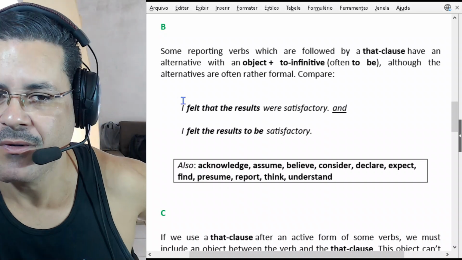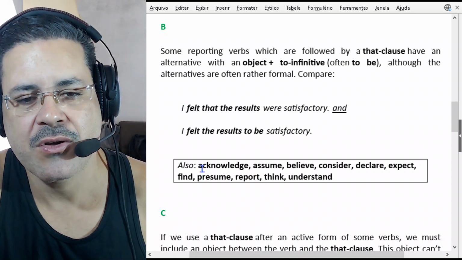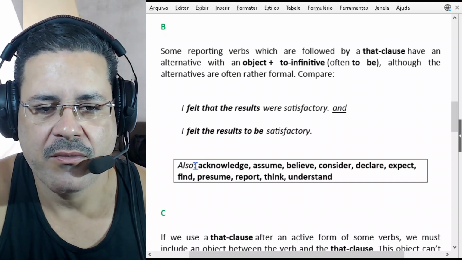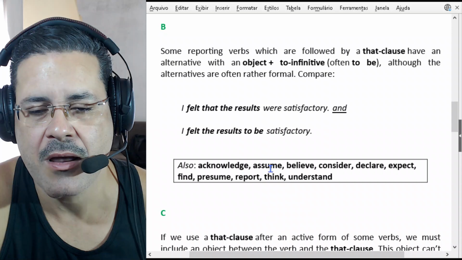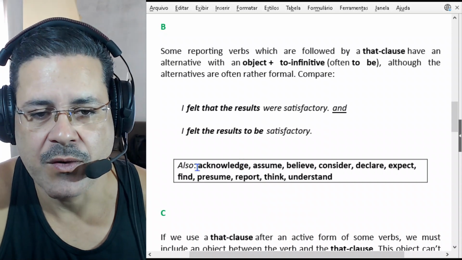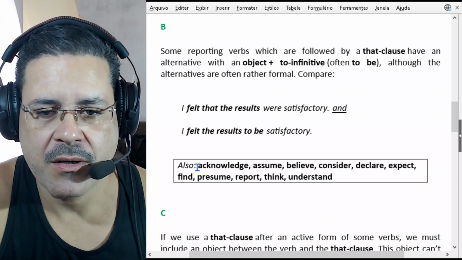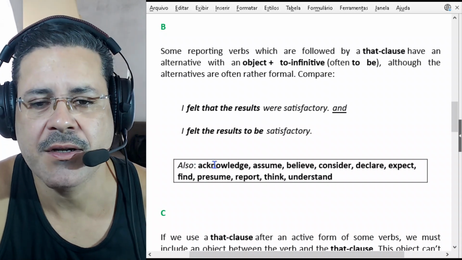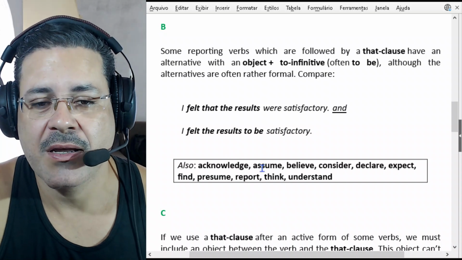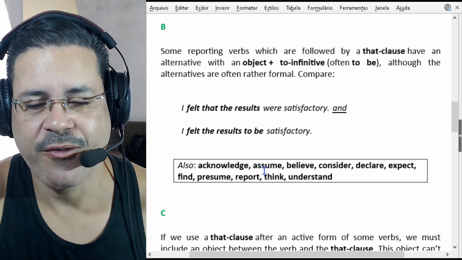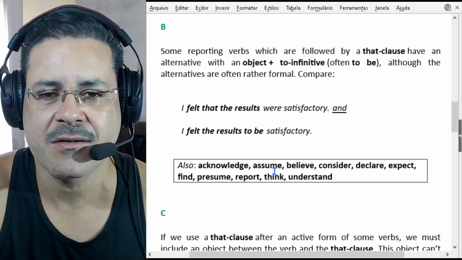For example, like that, I felt that the results were satisfactory. If you don't know the meaning of those verbs, and if you would like to know how to use them, you should put them inside a context so you can understand it. I'm just reading it so you can learn the pronunciation. But to get more acquainted with those verbs, you should put them inside a context, creating sentences, stuff like that.